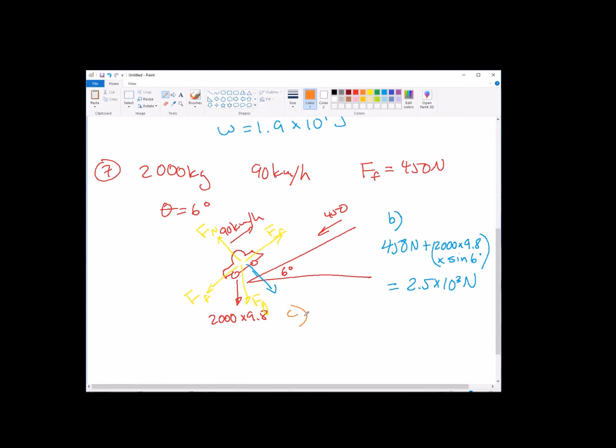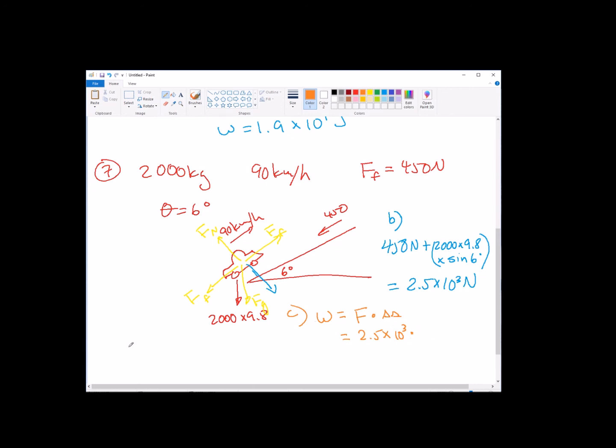What work is done by the car's engine in 5 minutes? So work is equal to force times the displacement. So we have, what's our force? 2.5 times 10 to the 3 times our displacement is, what is our displacement?